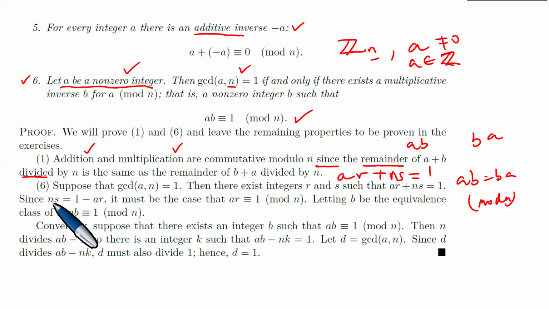We make ns the subject of the equation, moving ar to the other side, so that ns is equal to 1 minus ar. It must be the case that ar is congruent to 1 modulo n. This is very interesting: there exist integers r and s such that ar plus ns is 1.